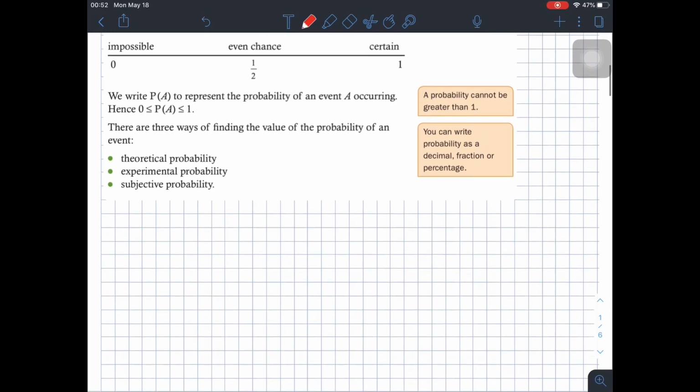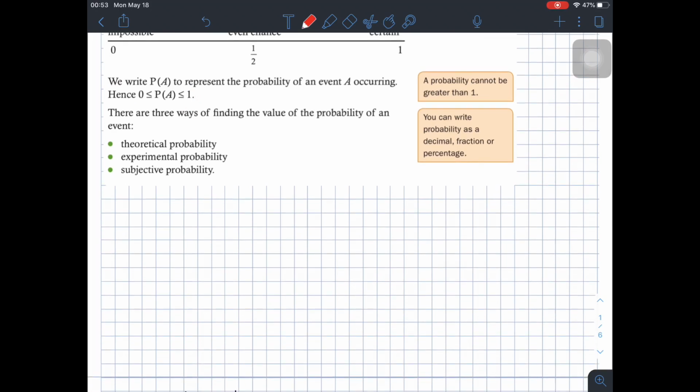Okay, then it says, we write probability of A to represent the probability of an event A occurring. Hence, the probability of A is always between 0 and 1. And you see that in both cases we have less or equal, right? Because an event could have 0% chance of occurring, or it could have 100% chance of occurring.